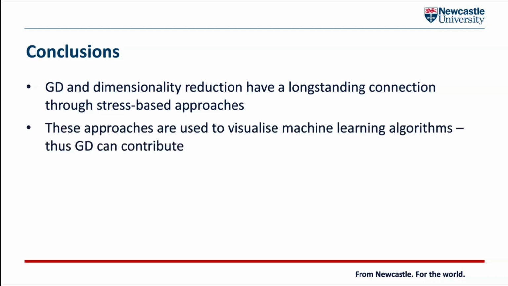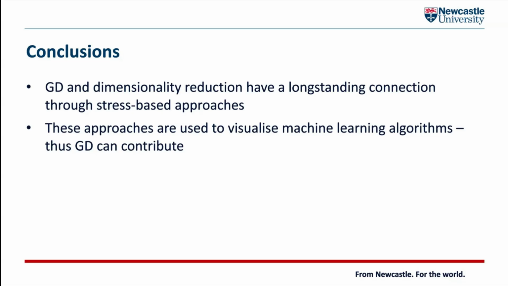All right. The other thing is MDS in particular, and a lot of these dimensionality reduction techniques, such as t-SNE, can be used to not only visualize the data going into machine learning algorithms to see class separation, they can actually be used to visualize the machine learning algorithms themselves.